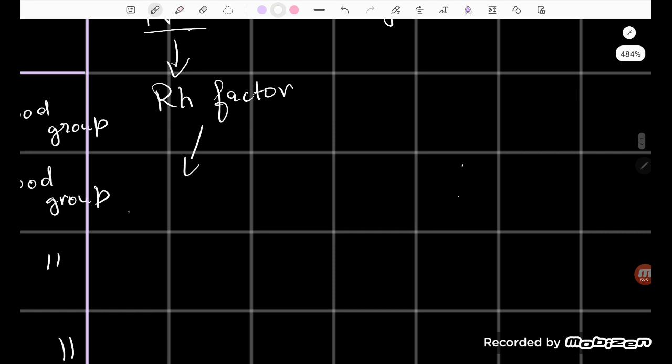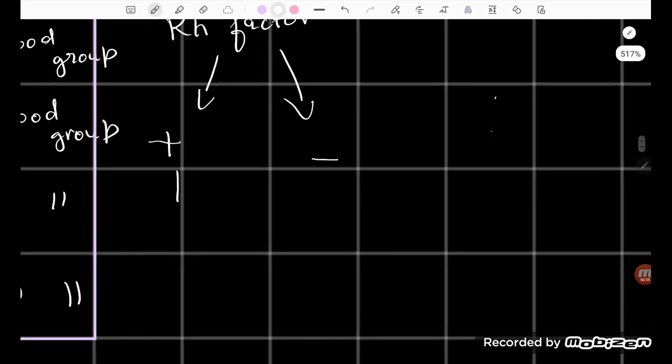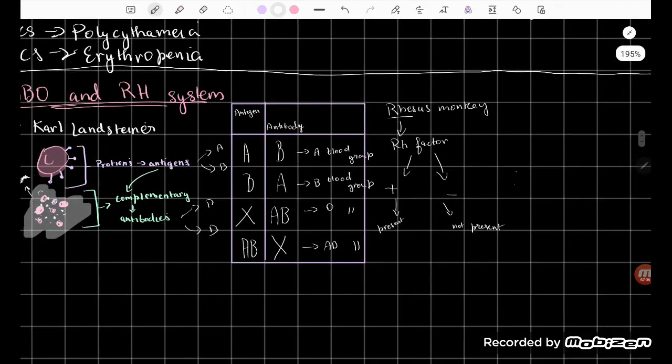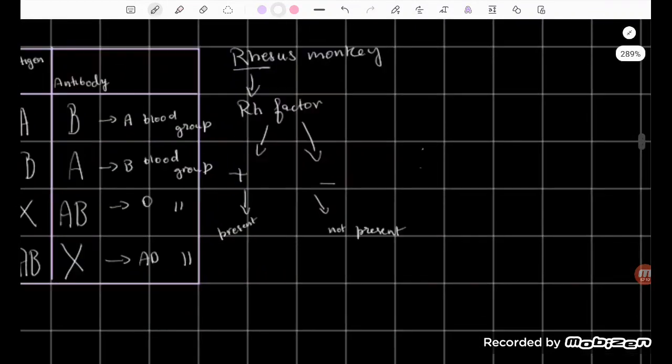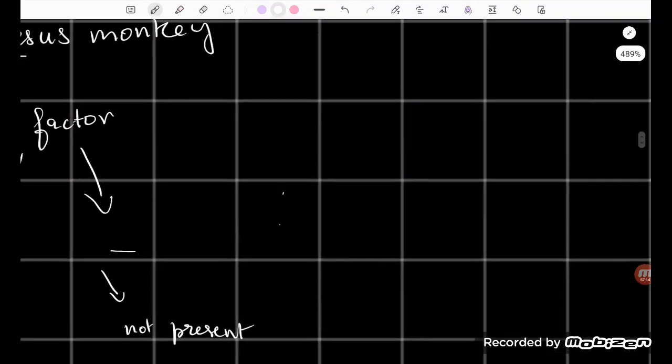This technically determines the plus or minus of the blood group. If RH is present, then it's plus. If it's not present, then it's minus. So, blood groups of donors and blood groups of recipients. This is very easy.